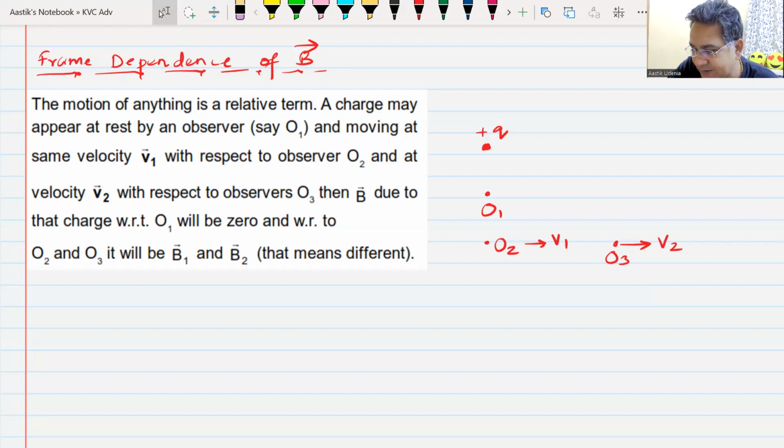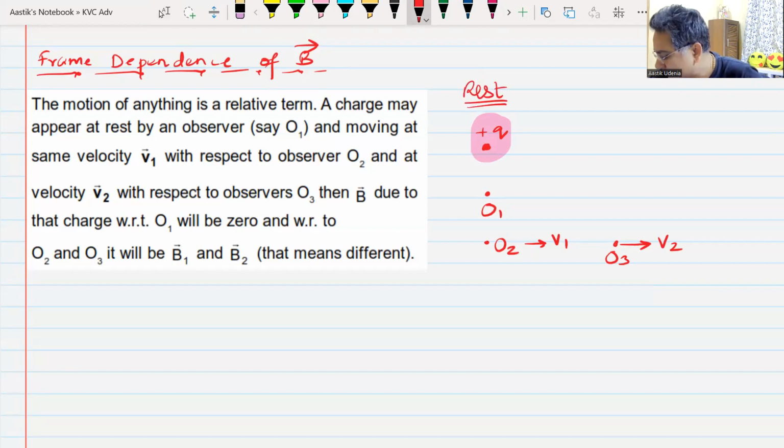Frame dependence of magnetic field. Now, as you can see, there is a charge Q. Let us say with respect to Earth, it is at rest. This observer O1 is also at rest with respect to Earth.